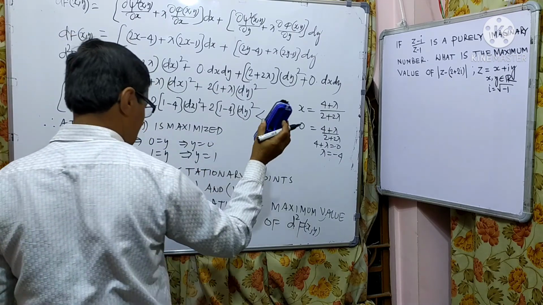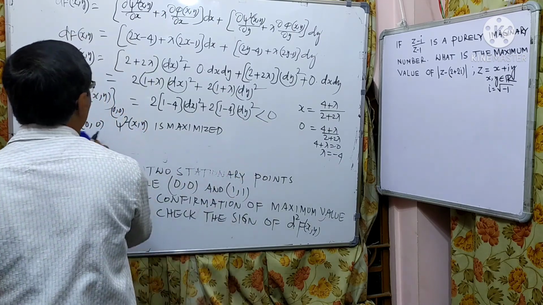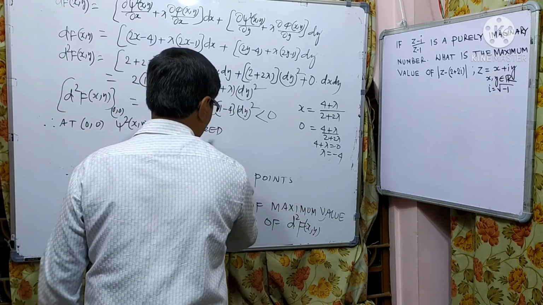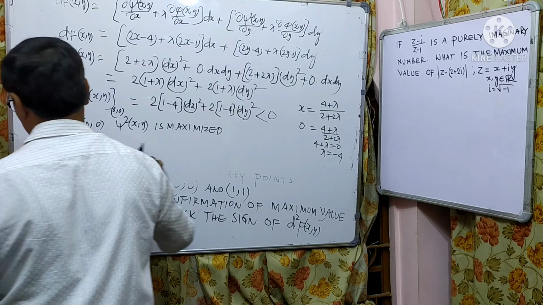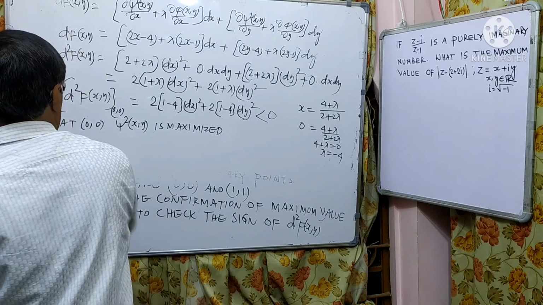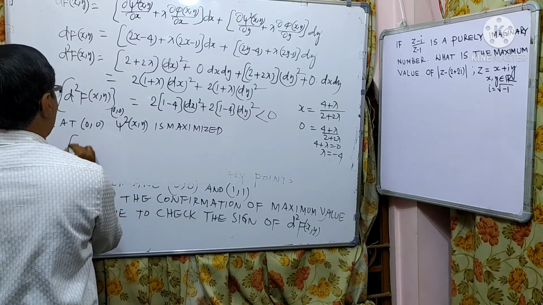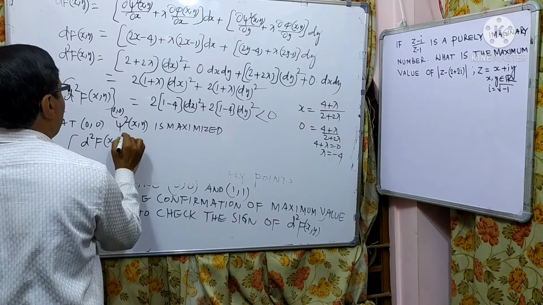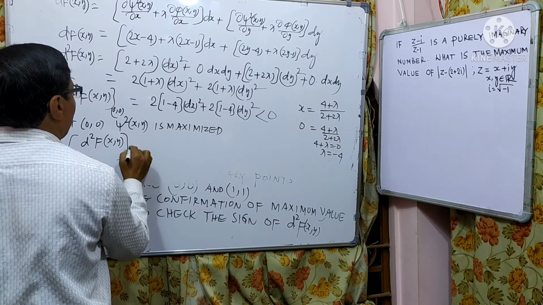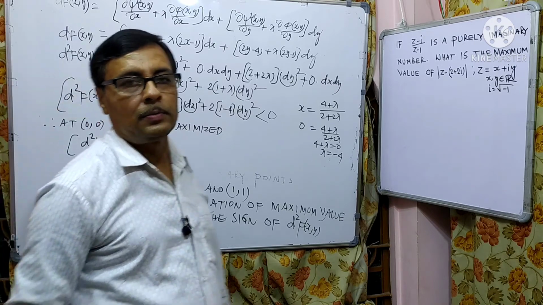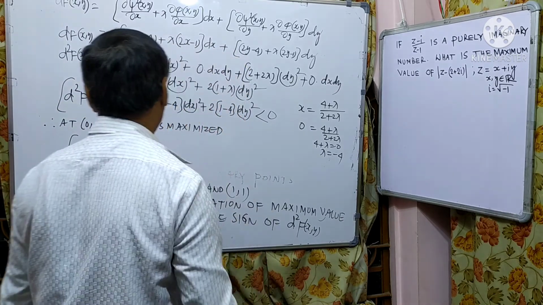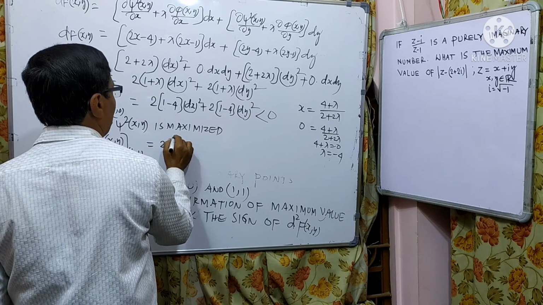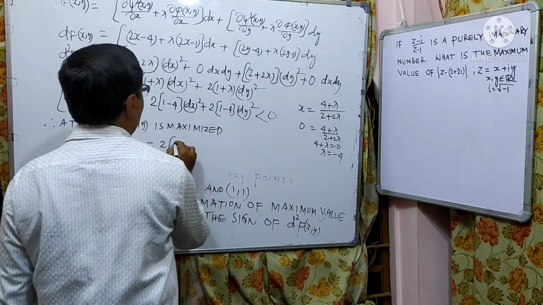Now we take the second point, that is 1 1, for verification of the sign of d2f x y. If we take the point 1 1, we also get 2 into 1 plus lambda.